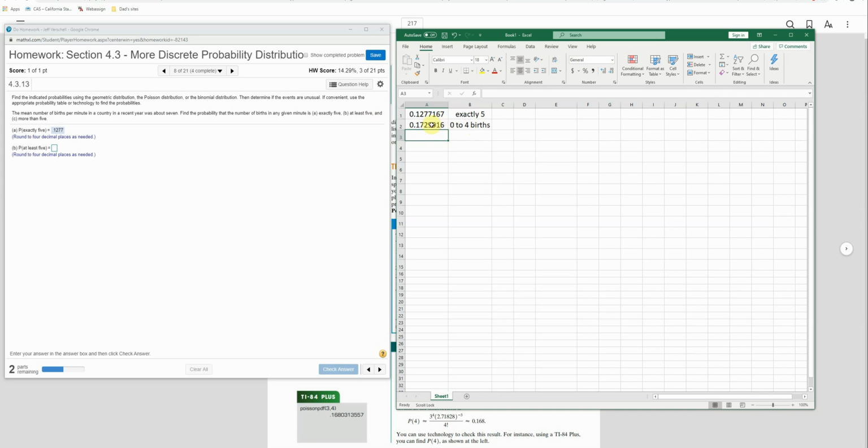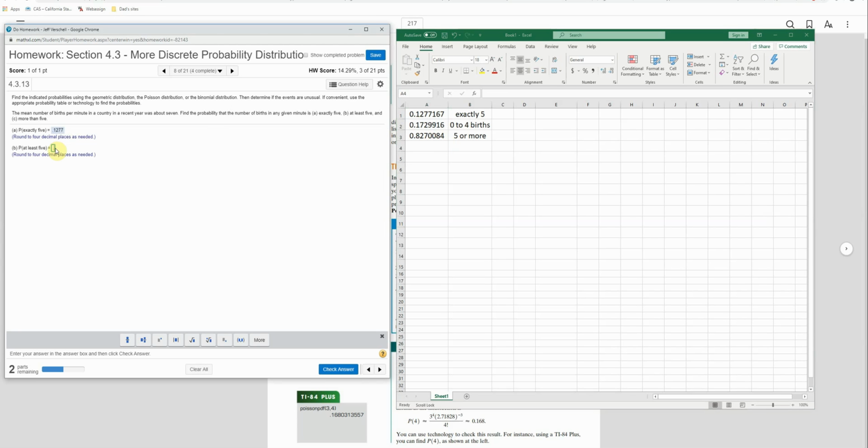So if that's the probability of getting 4 or less, then 5 or more, at least 5 or more, would be the complement of that, which means I can do equals 1 minus this probability. And I got my value, 5 or more. 0.8270, I can plug in that value.